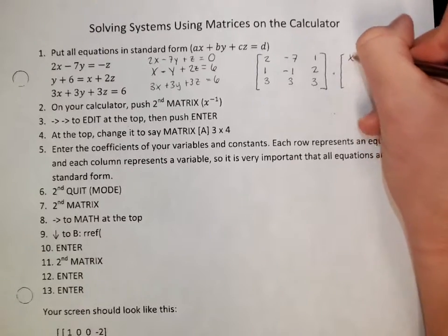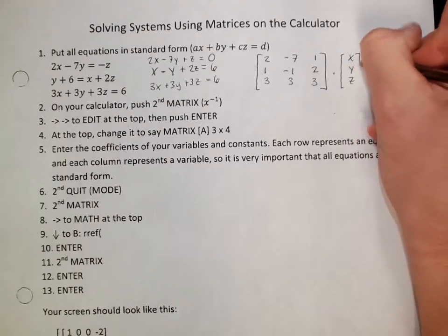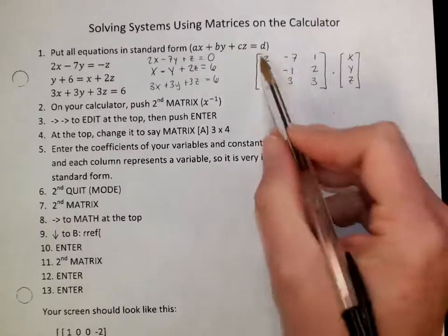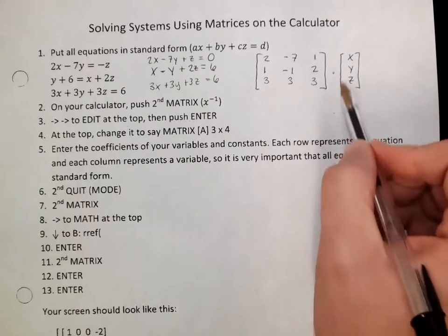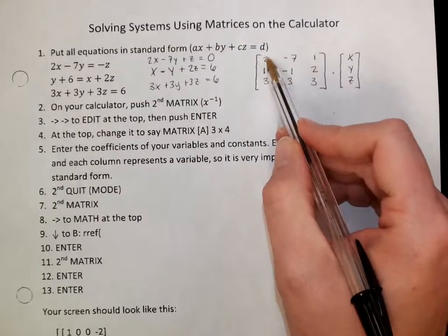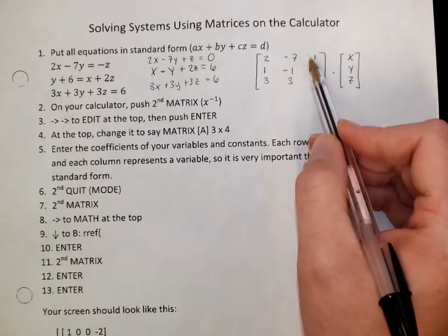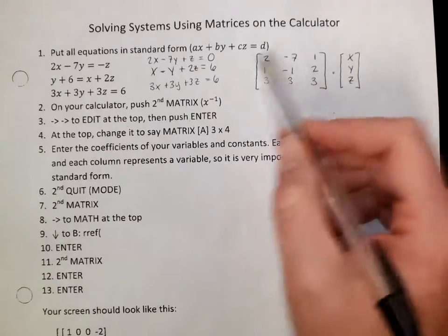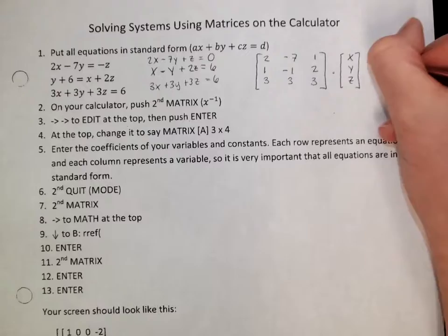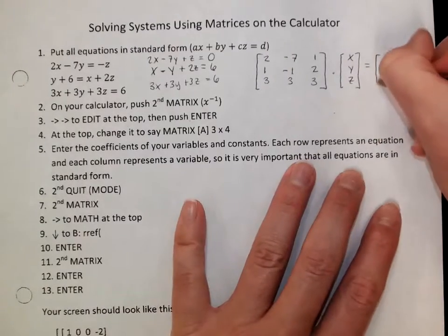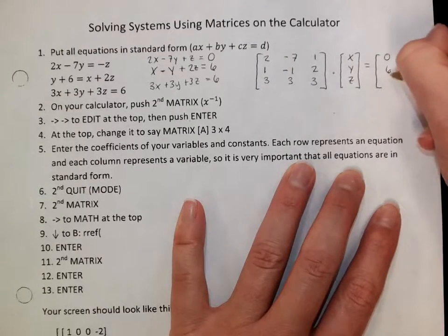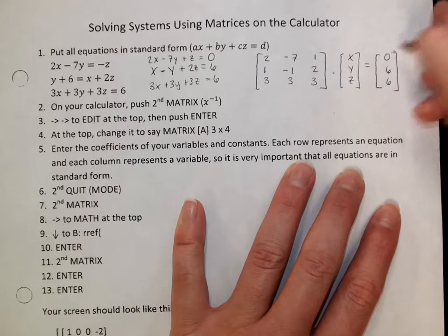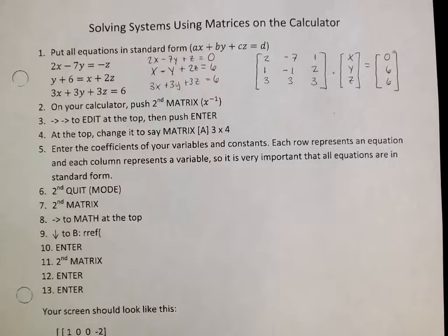They'll put the x, the y, the z. And if you remember what we do with multiplications, if you do this row times this column, then that will be a 2x minus 7y plus 1z. Okay, so this is one way they'll do it, and then they'll say equals, and then they'll just put the equal stuff over here, the 0, the 6, and the 6. Okay, so this is one way you could see a matrix set up.